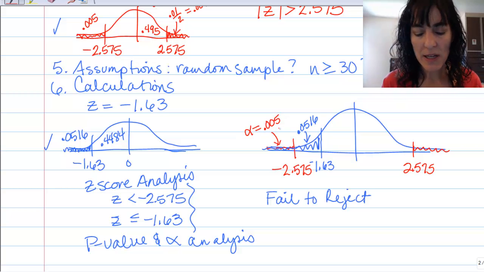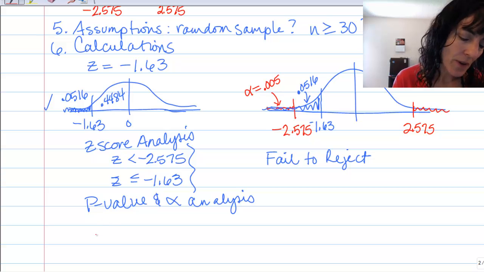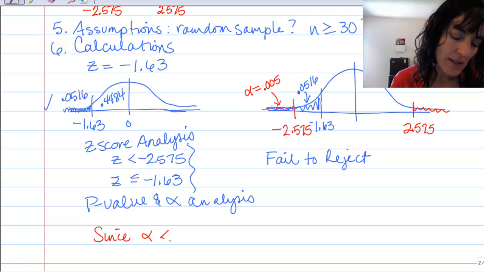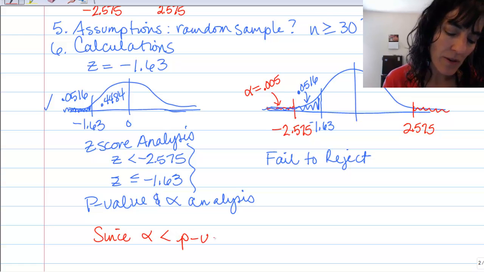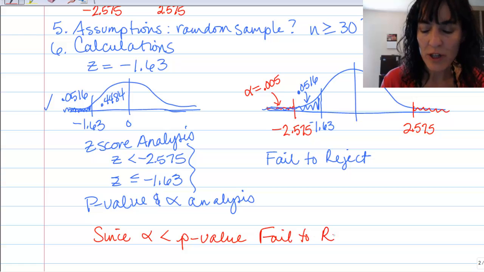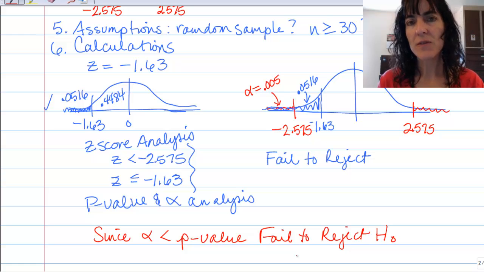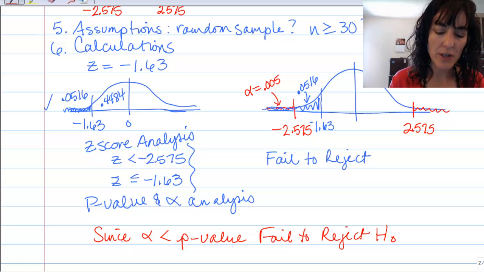And so you can see here that my alpha is less than the p-value, fail to reject H0. There's insufficient evidence to reject H0.